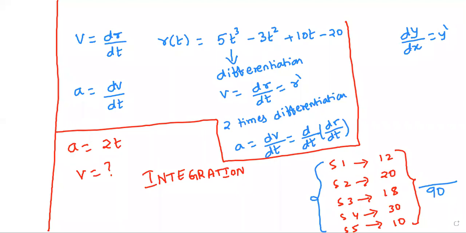For 1 lakh students, adding will work, but it will take more time and has more complexity. So we need to reduce that complexity. For that, people suggested a mathematical tool called integration.